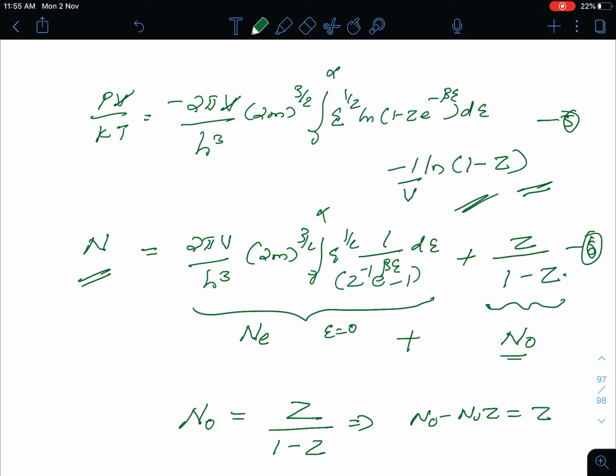Now what happens in case of quantum mechanical system? Here also, because we know that the small n, we kept it as constant, so it's n by v. Okay, so n is a constant.